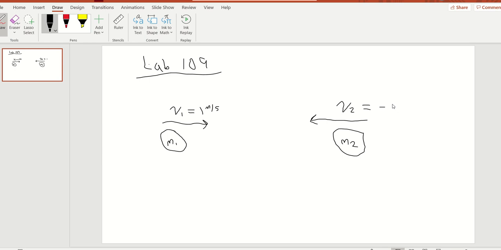So let's say this is going at minus 2 meters per second. Okay? And let's say that this object weighs 1 kilogram and that this object M2, let's say this one weighs 2 kilograms. Okay?